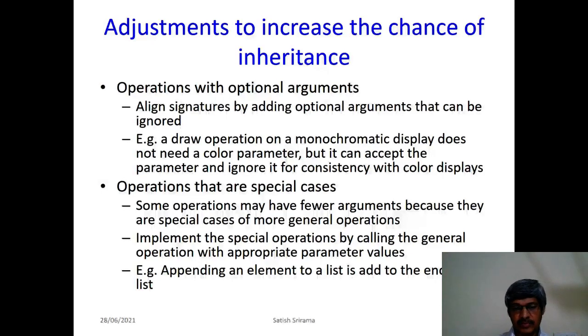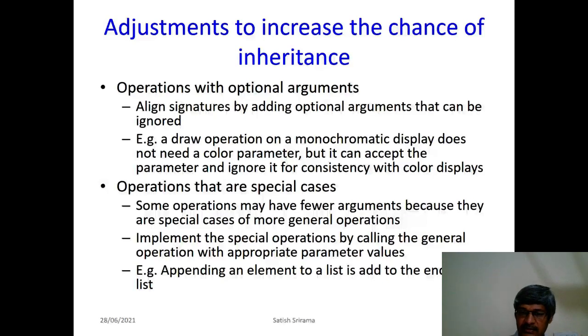Say for example, you want to append an element to a list. Appending an element to a list is adding that element to the end of the list. If there is an index, you add this particular object at index 2, add this particular object at index 5.